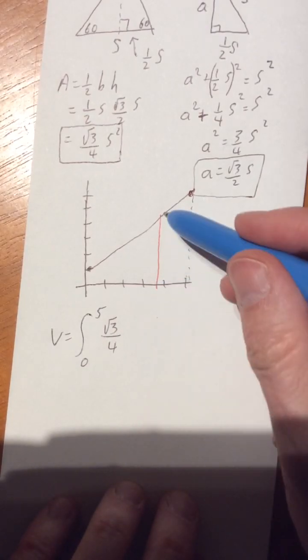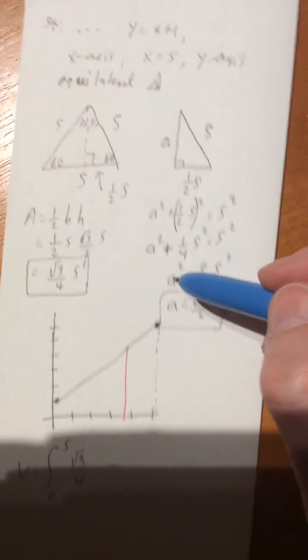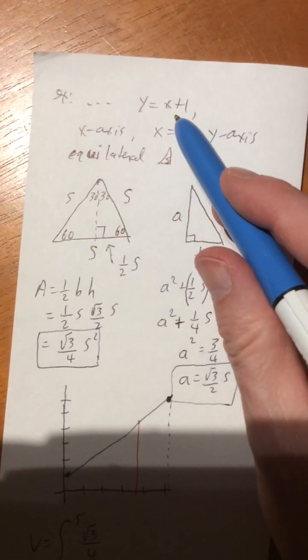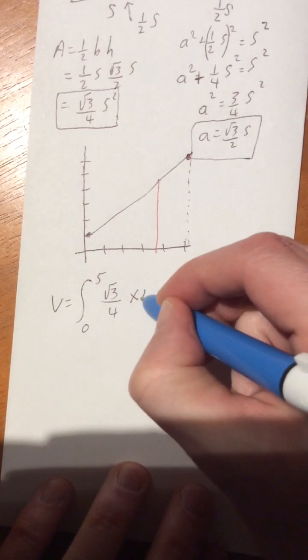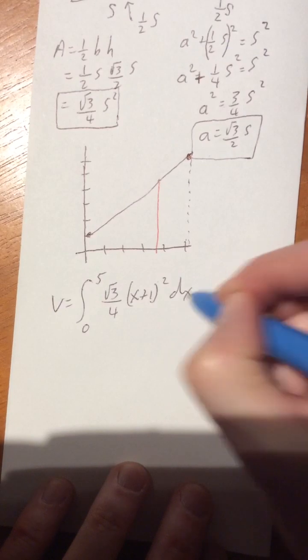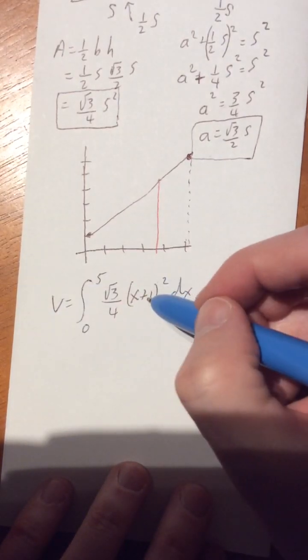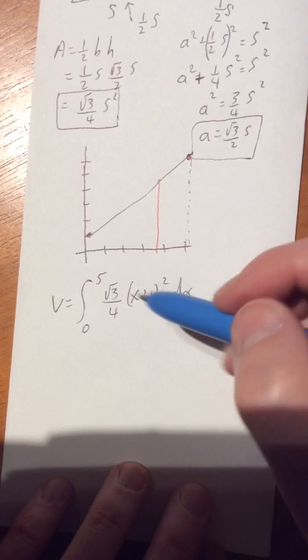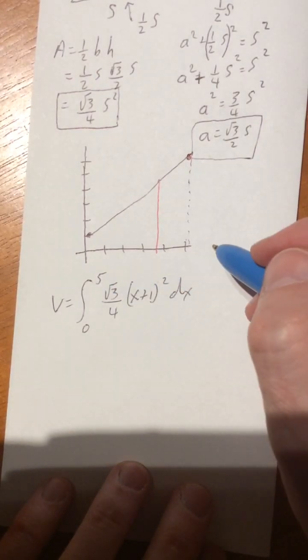But we know that the side is just going to be the distance from here down to here, and that distance is still right there, x plus 1. So it's going to be x plus 1 squared dx. And of course we'd kick this onto the outside, square that out, integrate it, plug in 5, plug in 0, multiply by root 3 over 4, and boom, we have an answer.